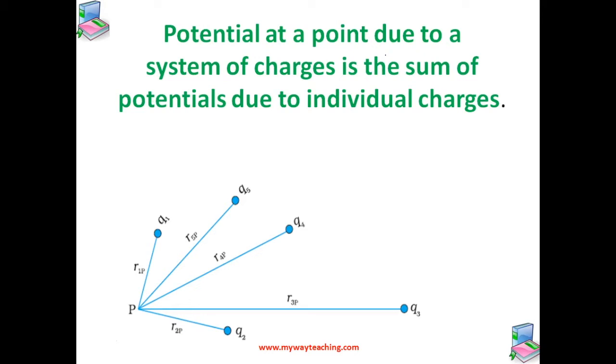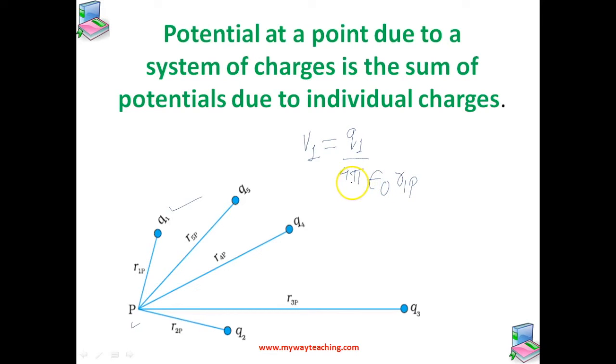The potential V1 at P due to charge q1 is given by, so this is charge q1, potential at this point P is given by V1 is equal to q1 by 4 pi epsilon naught r1P, isn't it?